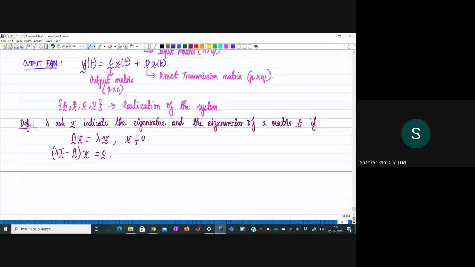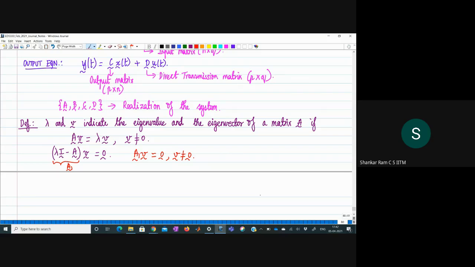So I have to write lambda I minus A, right? So that's what we do. So this is of the form, let's say we call this matrix, okay, not B, let's say some A1. Okay, so the matrix A1, which is lambda I minus A, times V equals 0, and V is non-zero.